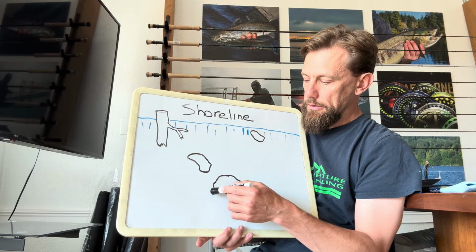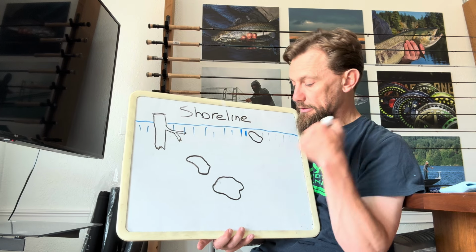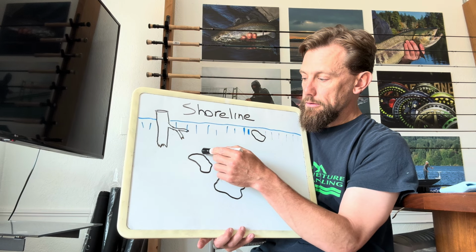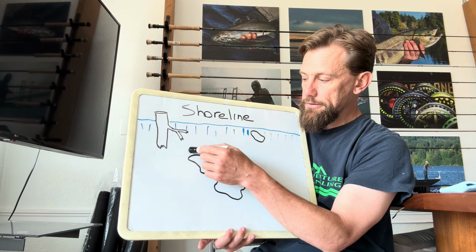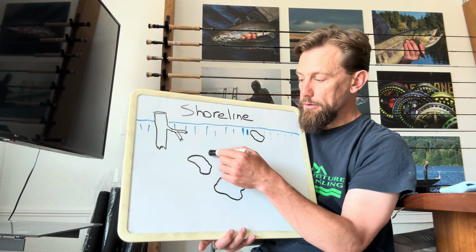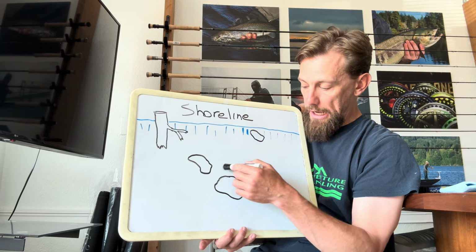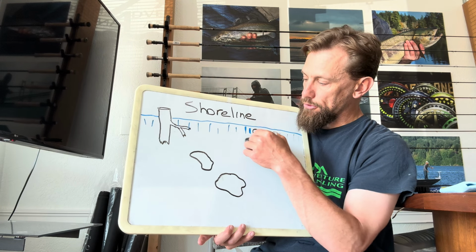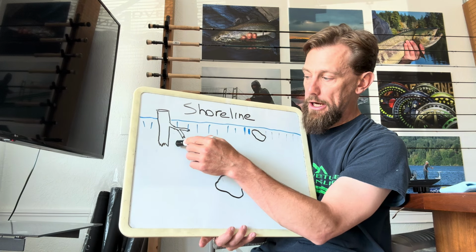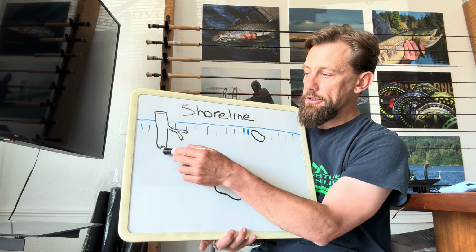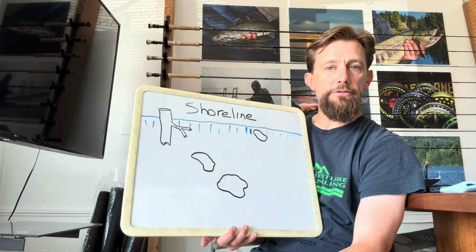He's going to, or more likely she is going to, use this structure to conceal themselves from prey on the opposite side, using all sides of this structure to patrol their little area and to create opportunities for predation.